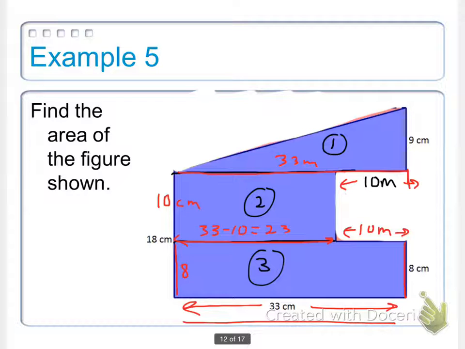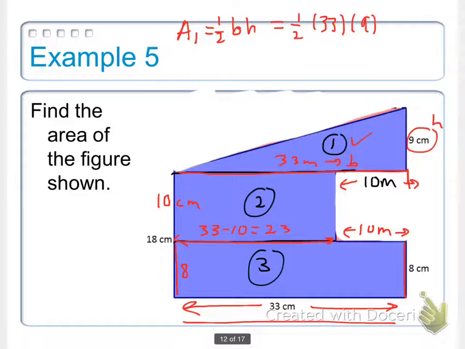We're going to need the area of a triangle first. So I'm going to need to do this one first. The area of a triangle is half the base times the height. Well, this is the base, this is the height. So I'm going to get half of 33 times 9, and that's in centimeters squared, since it's a two-dimensional shape.